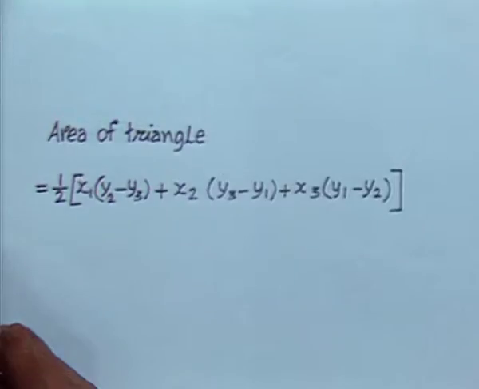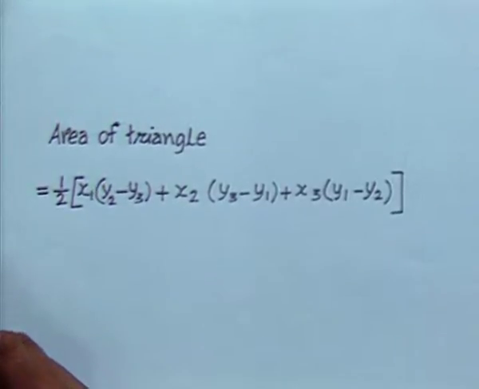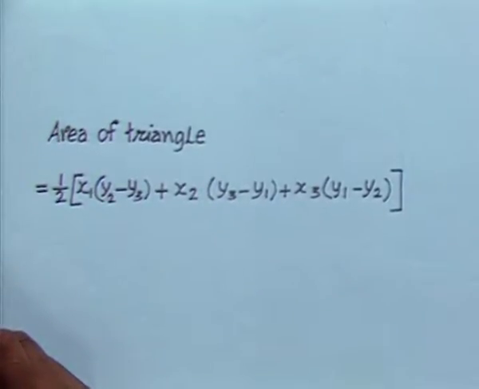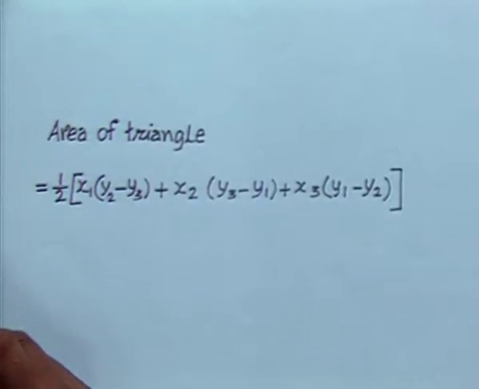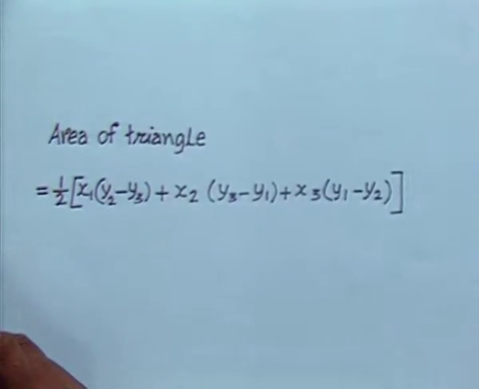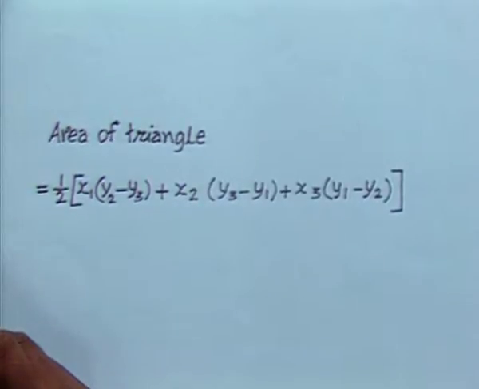Really interesting. I can reproduce it now. Area of triangle ABC is equal to half multiplied by [x1 multiplied by (y2 minus y3) plus x2 multiplied by (y3 minus y1) plus x3 multiplied by (y1 minus y2)].